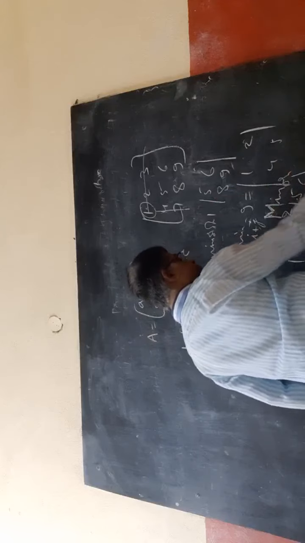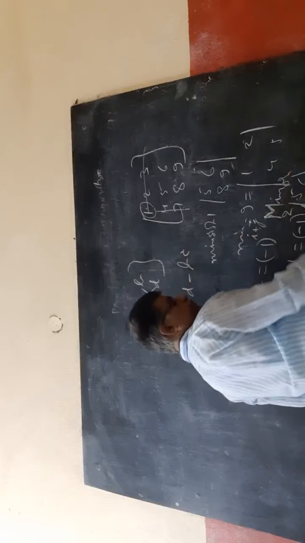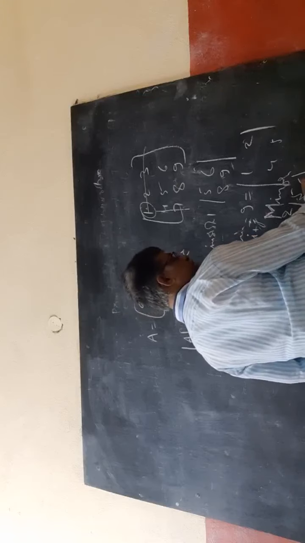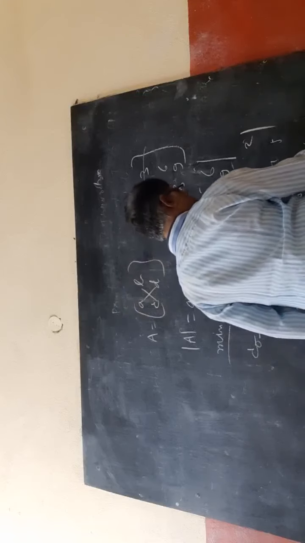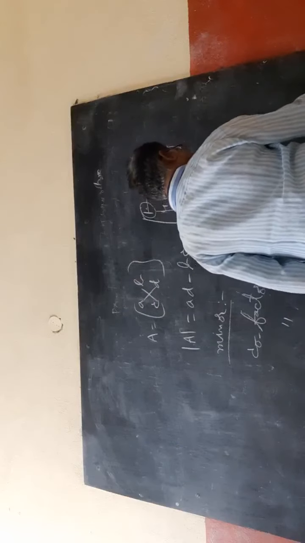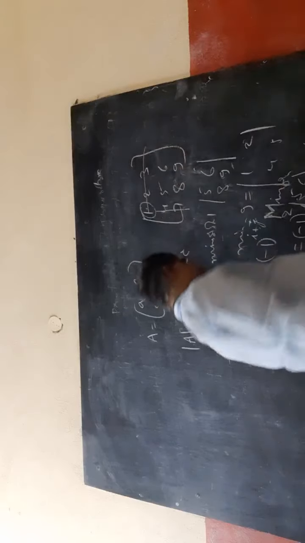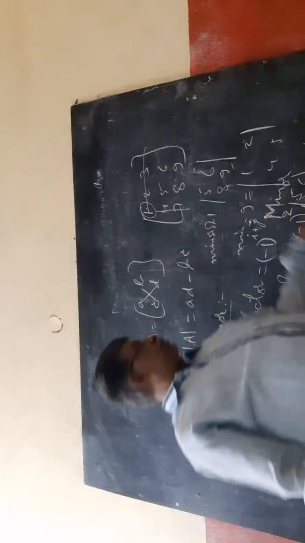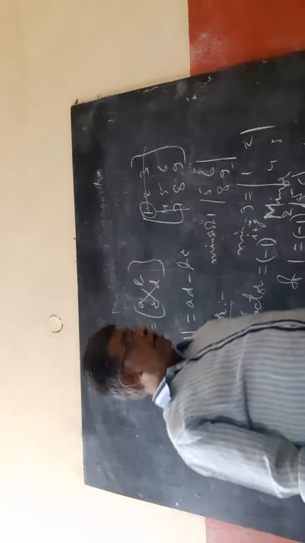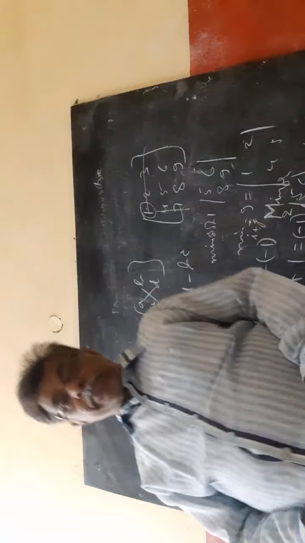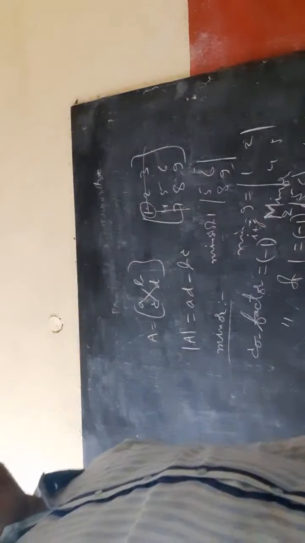So cofactor is -1 whole power 2 into 5 into 9, 45, minus 8 into 6, 48. So -3 is cofactor of 1. Like cofactor of 9, if I want, -1 whole power 3 plus 3, third row, third column. Like that, i plus j, ith row, jth column, into its minor gives you cofactor.